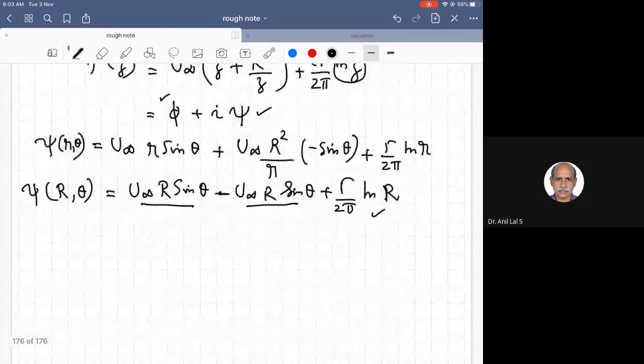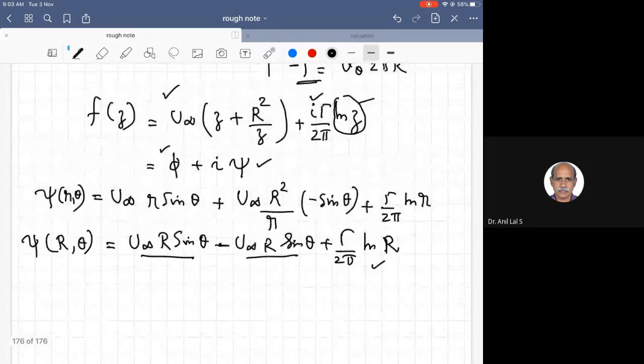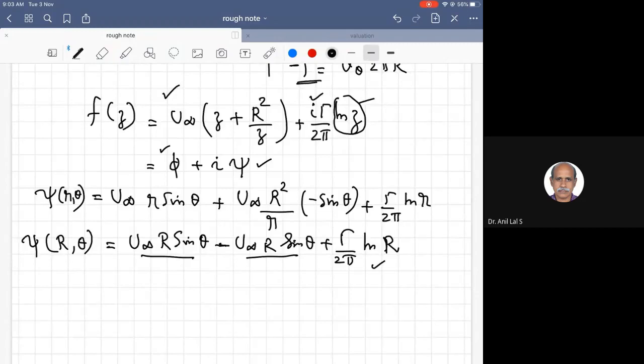It is not possible with this kind of F(z), because psi is going to have this constant value which cannot be 0. So what we can do is apply a constant in the complex potential equation, so that the imaginary part of C will also be there in the equation of psi.